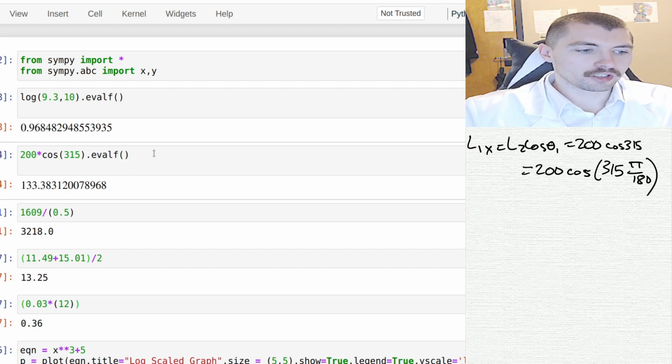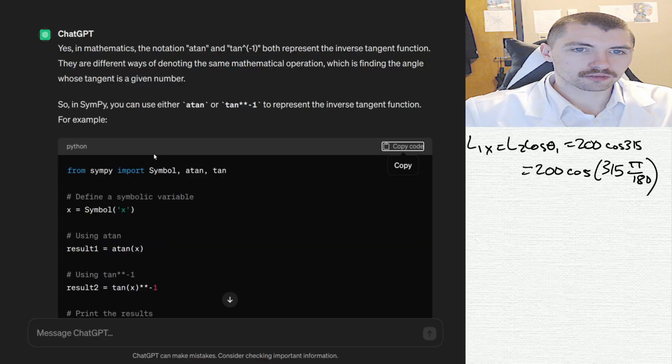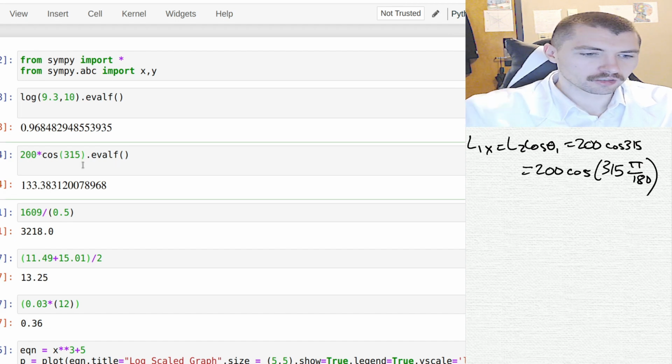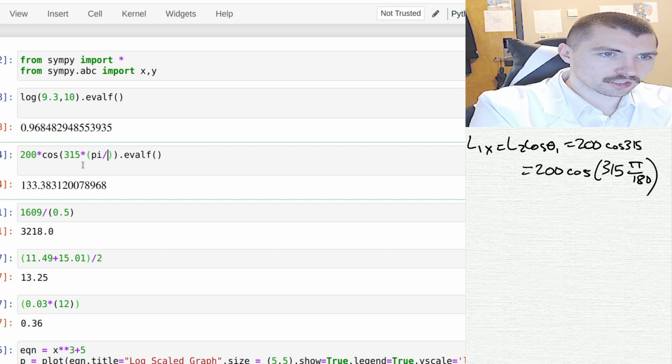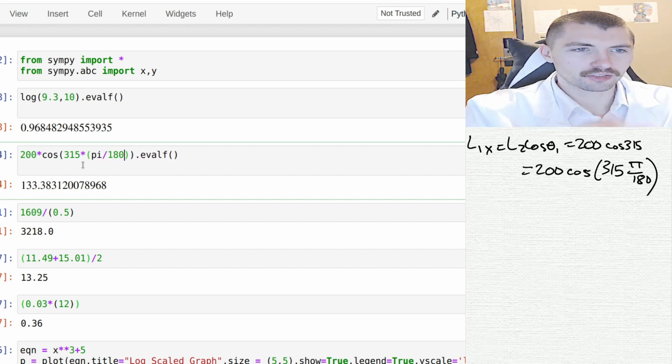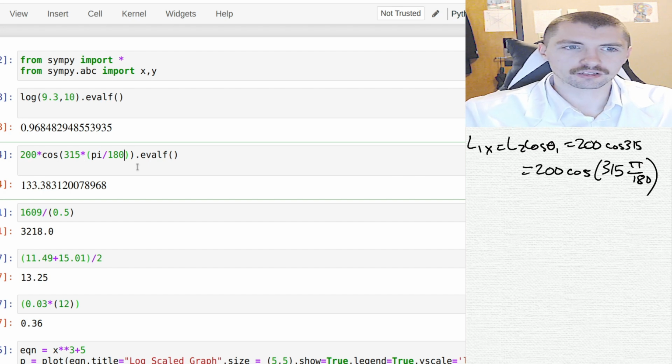So 133. They're getting 141, so that's a little weird. Times pi over 180. I think the calculator does it automatically, but I guess it's good for intuition to know. Oh, so there, that fixes it.